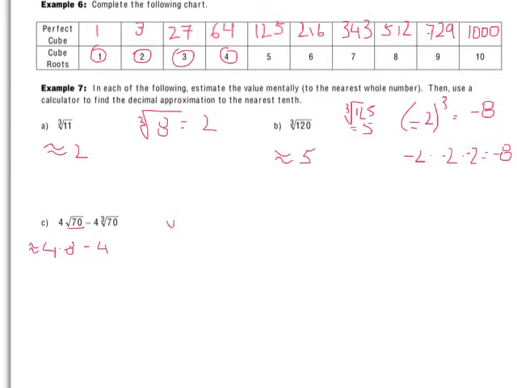The closest number is the cube root of 64, which is 4. So I'm going to put that as my closest estimate. So what do I get here? 4 times 8 is 32, minus 4 times 4, which is 16. So 32 minus 16 equals 16. So my answer is around 16. Okay.